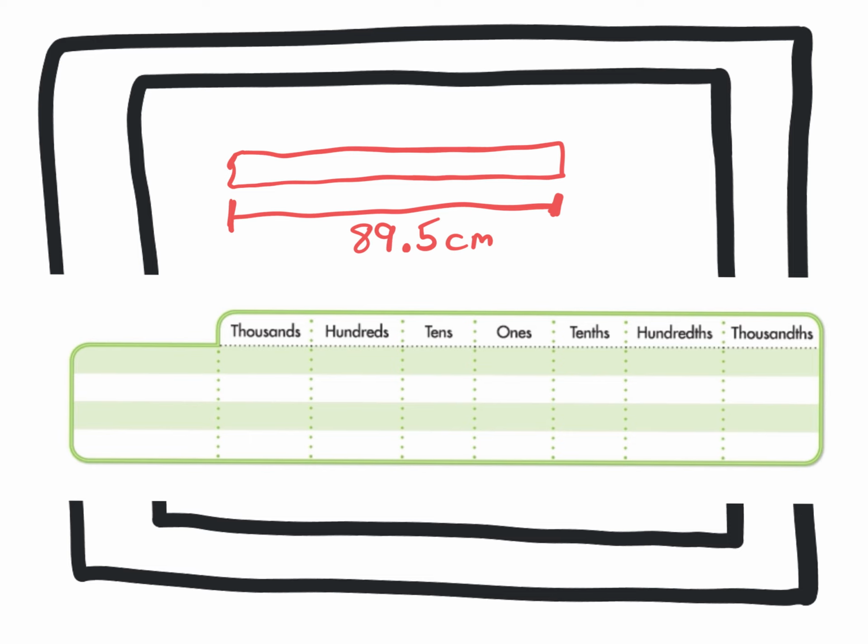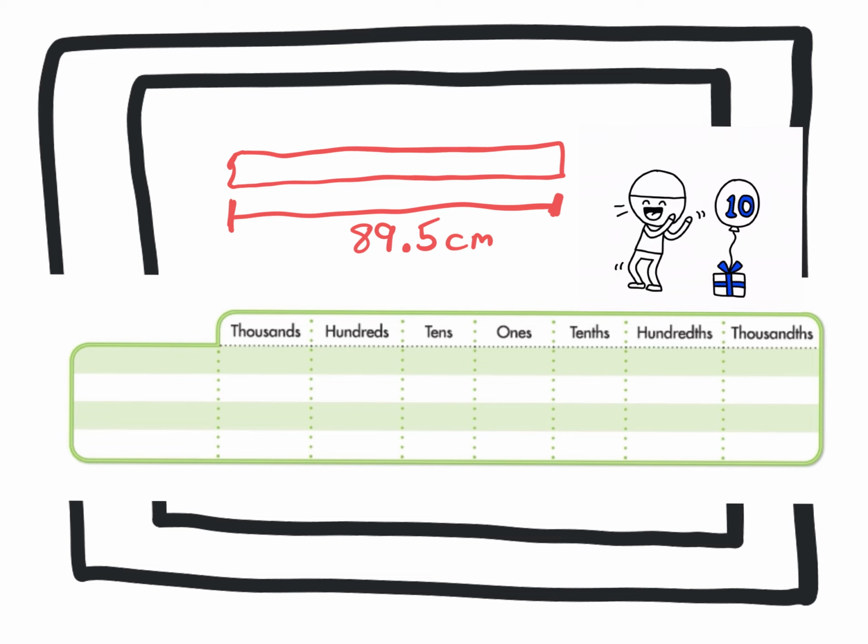Now remember, place value is based on the number 10. The value of each place is 1/10 the value of the place to its left.